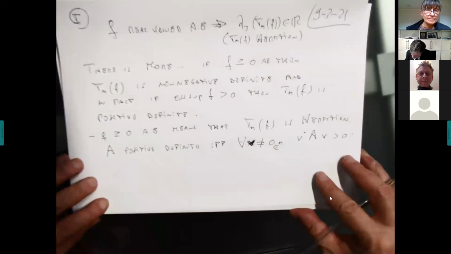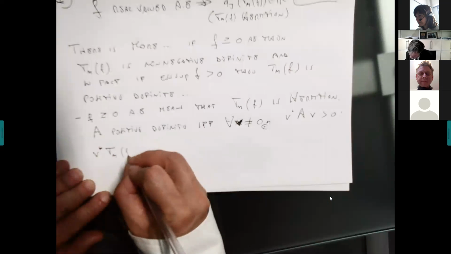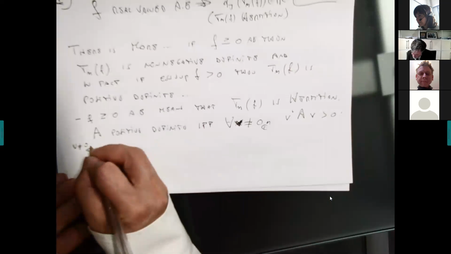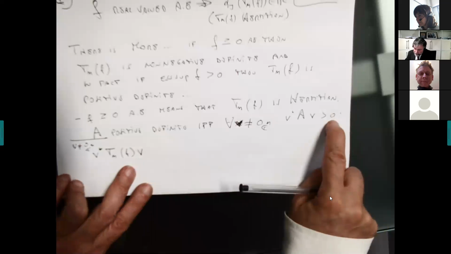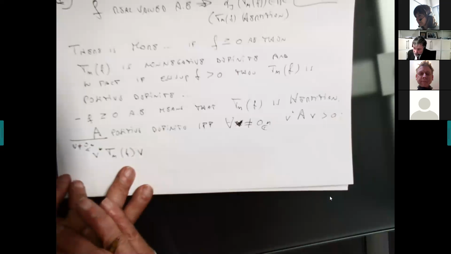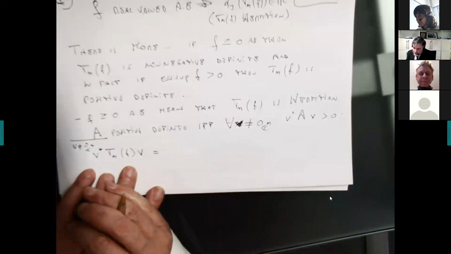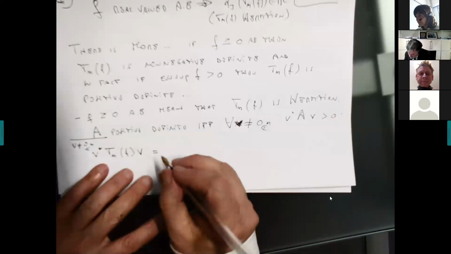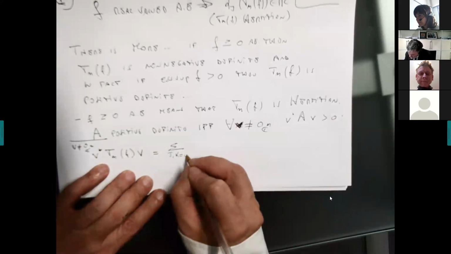Okay, so I consider v star Tn of f v, with v different from 0 of C^n. And I want to prove that this quantity is strictly positive, or it is equal to 0 when f is identically 0. Let's go. When you have a v star matrix v, what is this object? It is the sum for all j and k going from 0 to n minus 1.